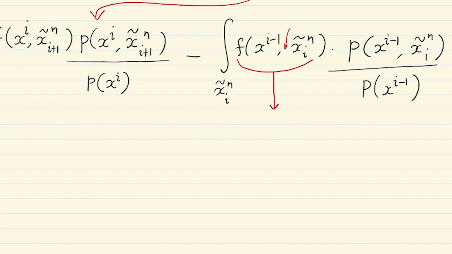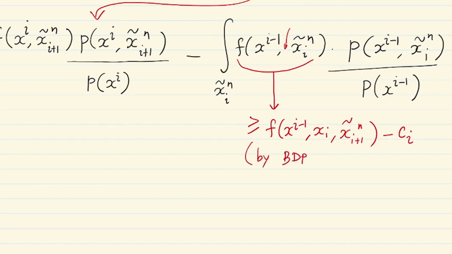So this value automatically turns out to have a lower bound. If I replaced x tilde i with x_i, and let all the other arguments remain the same, x tilde i plus 1 to n, then you would not deviate by a number more than c_i. Okay, so this is by the bounded differences property on coordinate i.